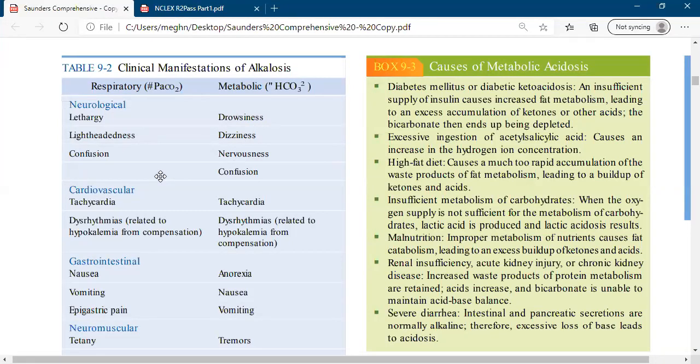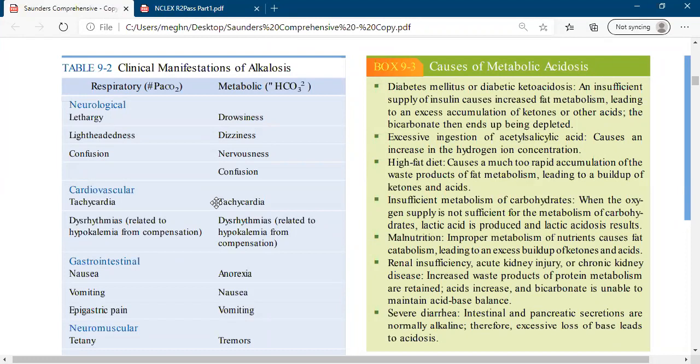And cardiovascular change, in both cases, respiratory alkalosis or metabolic alkalosis, the patient has tachycardia. Tachycardia means increased heart rate. If anybody has tachycardia, they also have palpitation. If anybody has tachycardia and palpitation, both lead to anxiety. So if anybody has palpitation, they have tachycardia or anxiety.